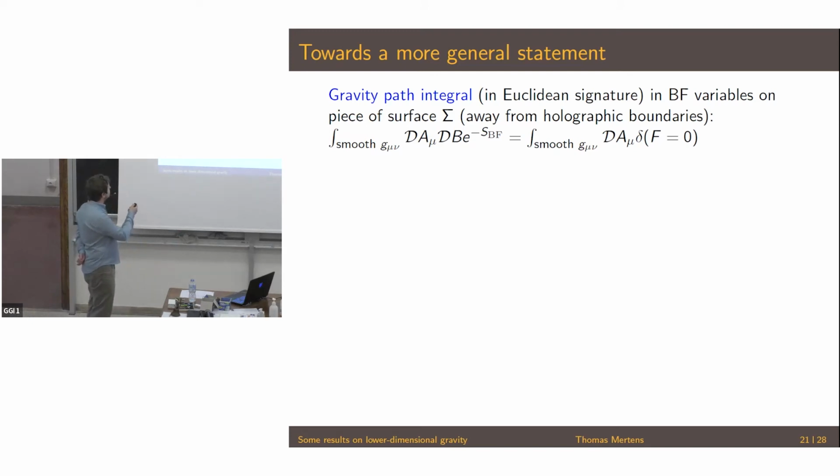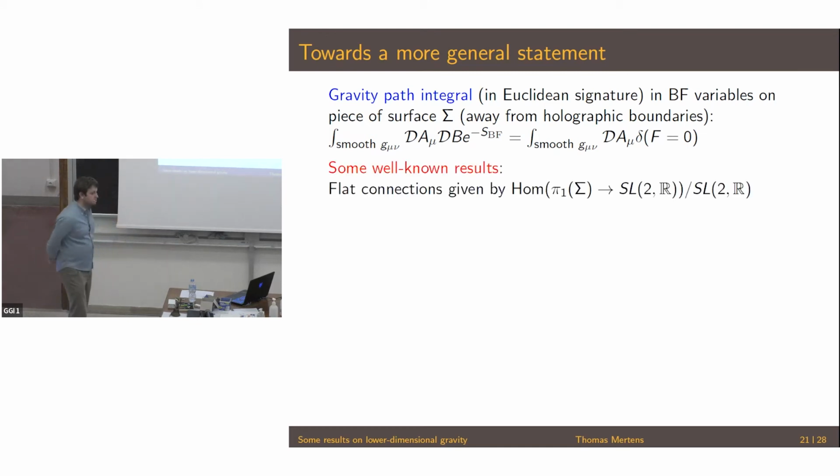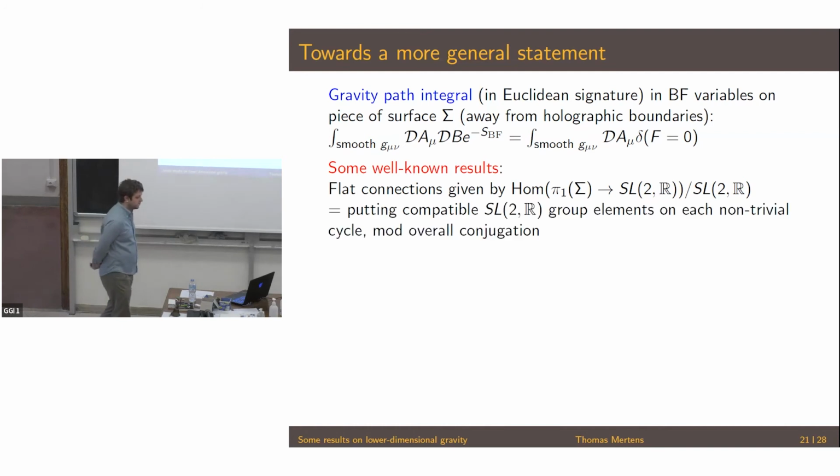Well, of course, you path integrate over B, you force F to be 0, so you're integrating over all flat connections. And let me briefly review some well-known results about these flat connections. They're given by mappings from the fundamental group of the surface to SL2R mod an overall SL2R factor.